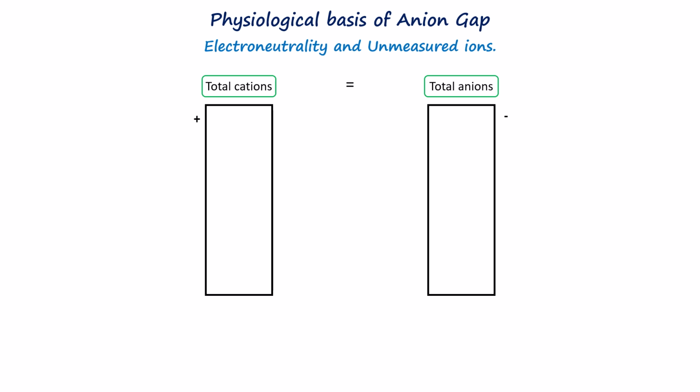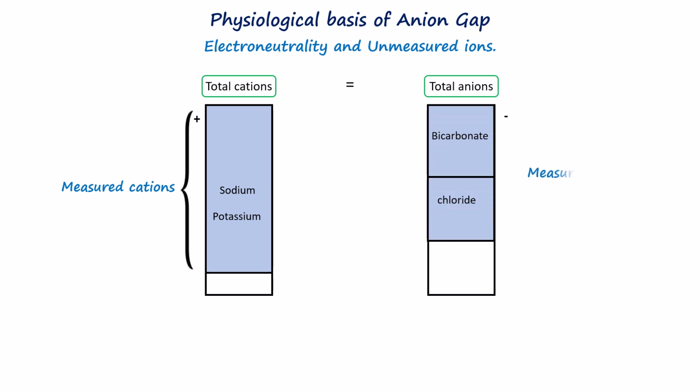The main cations in the plasma are sodium and potassium, while the main anions are chloride and bicarb. Together, these ions are called measured ions and are the major contributors to electrical neutrality. Now, these are not the only ions in our body. There are numerous other ions that contribute to plasma electroneutrality, but to a lesser extent.